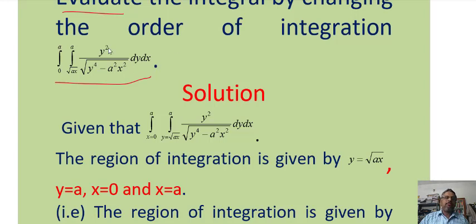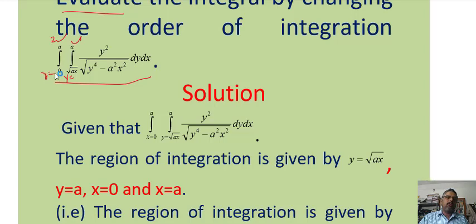If we observe this integral, the first integral is this one, the second integral is this one. In the first integral, the variable limits are in terms of x, so these are the y limits. Y varies from root of ax to a, and the other variable is x.